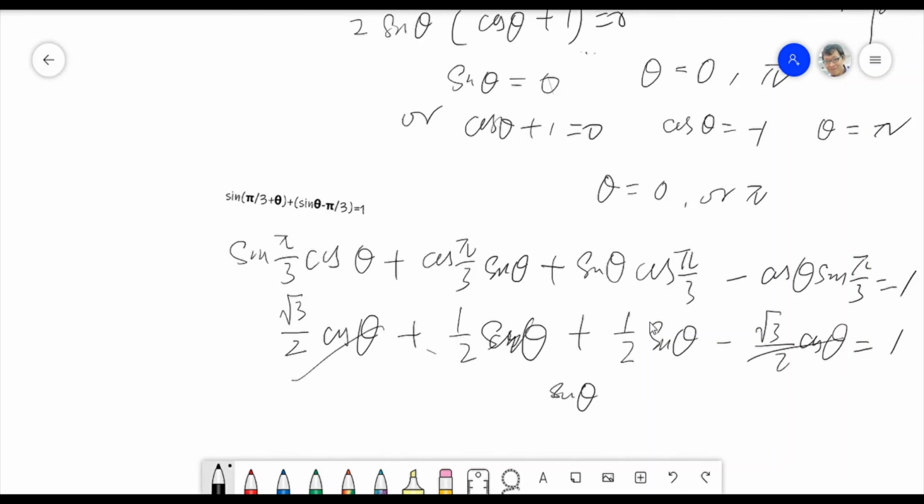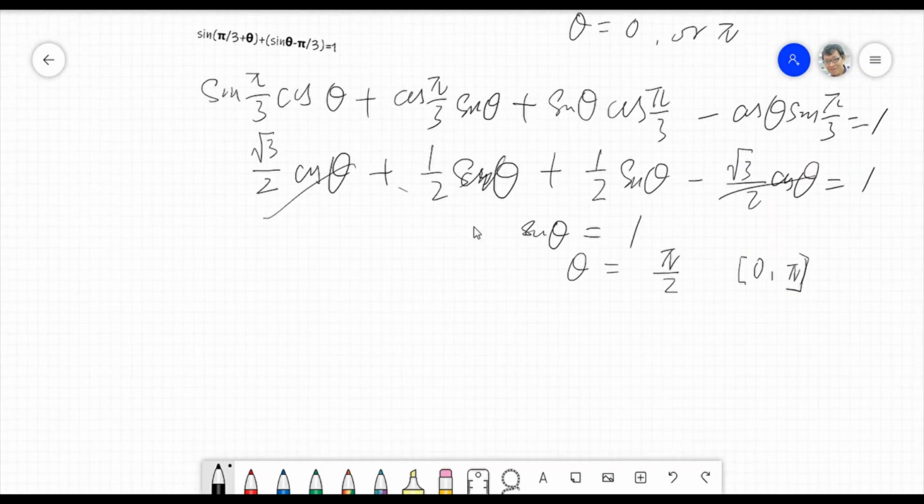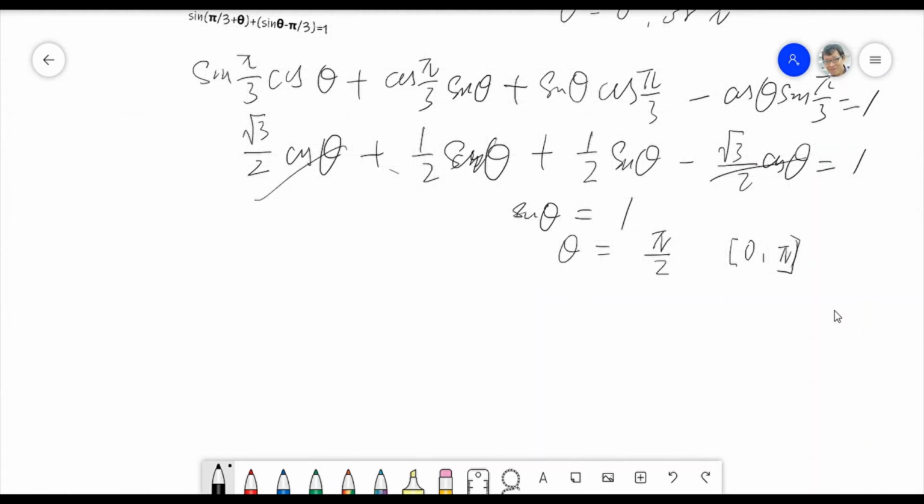So sine theta equals 1. Theta is pi over 2, in the domain of 0 to pi. Let's check: positive 1, this one yes, this one no, this one is negative, so only this one.